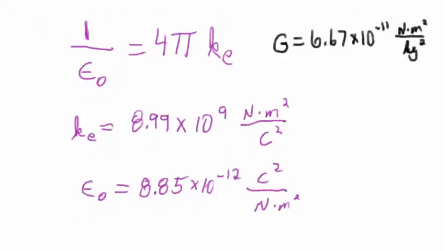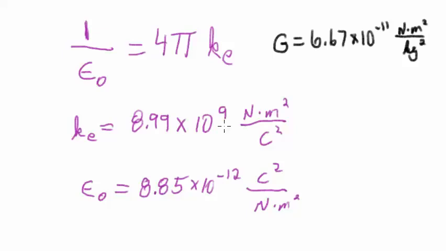Before we do that, I would like to bring up this technicality of the relation between Coulomb's constant, K sub E, and the electric permittivity of free space, epsilon naught. These 2 expressions are essentially like reciprocals of one another, except for the factor of 4 pi. I find K sub E to be much easier to remember, being so close to 9 times 10 to the 9th.